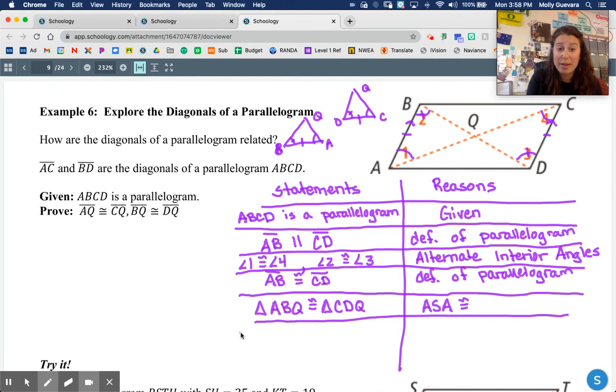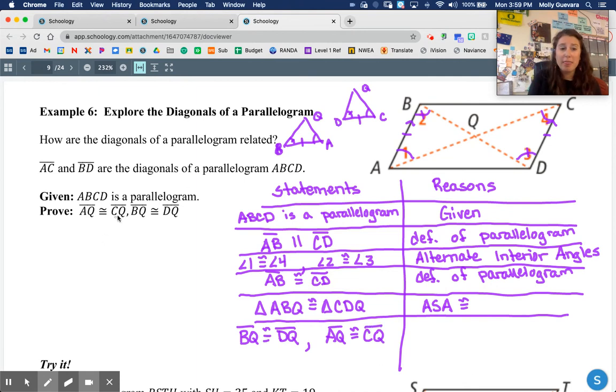So now I can say that BQ is congruent to DQ because those triangles are the same. And I can also say that AQ is congruent to CQ because the triangles are the same.